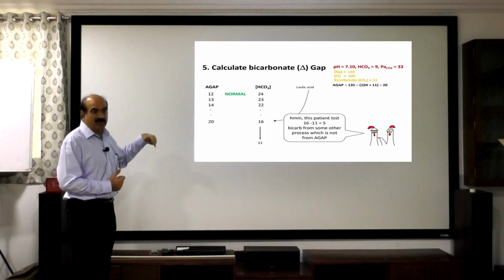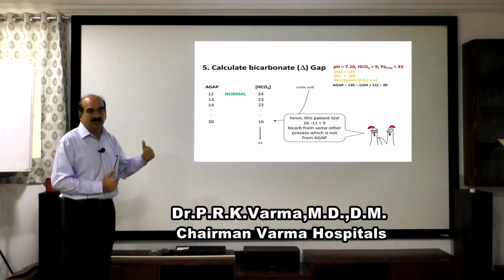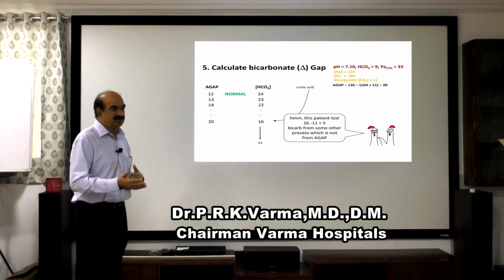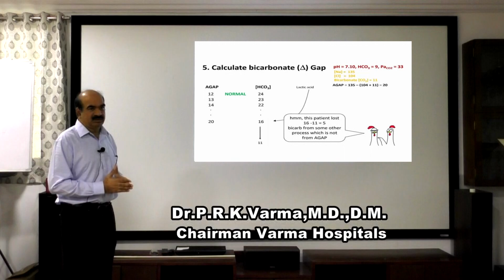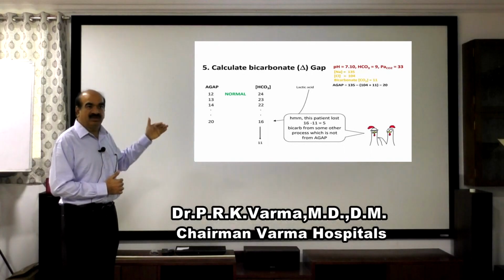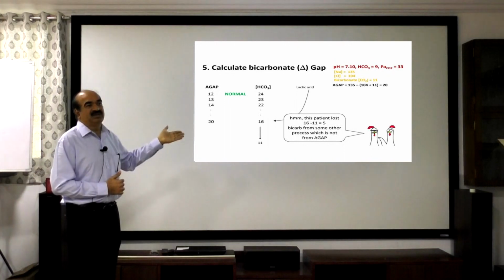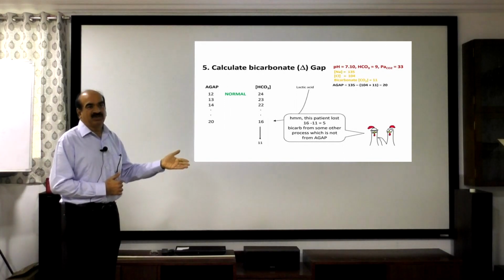That means there is loss of bicarbonate from another source. If the patient is in shock, or any condition causing hypoxia, that causes lactic acidosis, which gives a high anion gap lactic acidosis picture. If that patient has additional diarrhea, the diarrhea gives bicarb loss.